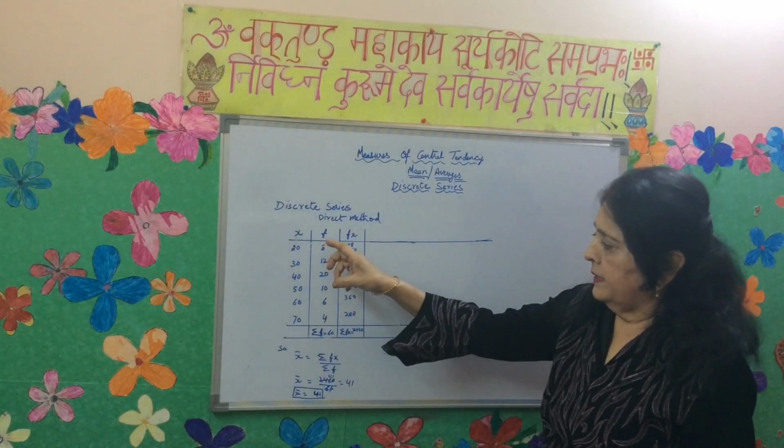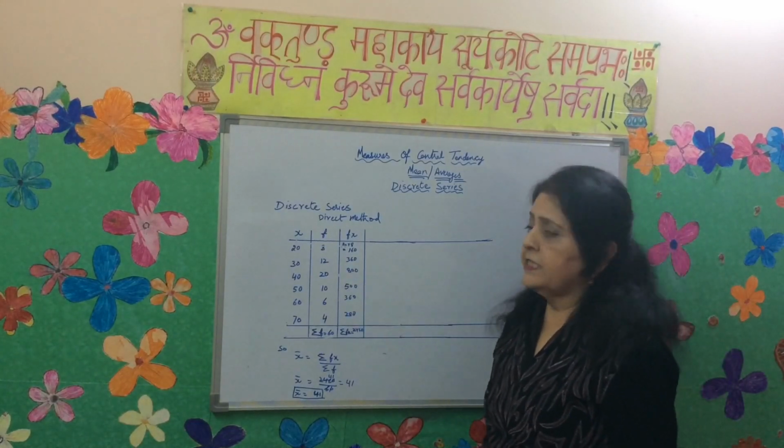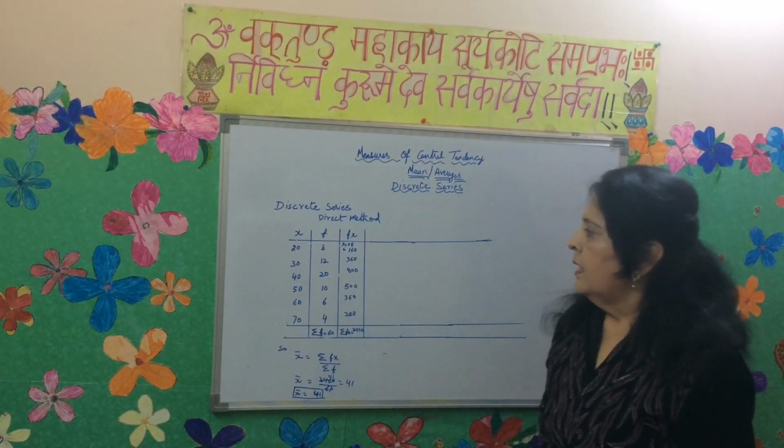Now the values of x we have taken are 20, 30, 40, 50, 60 and 70.